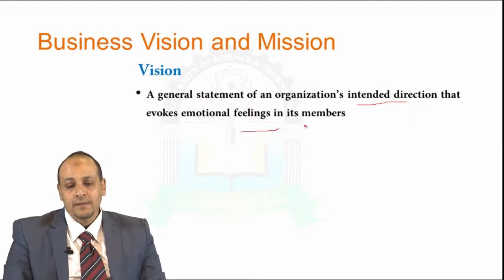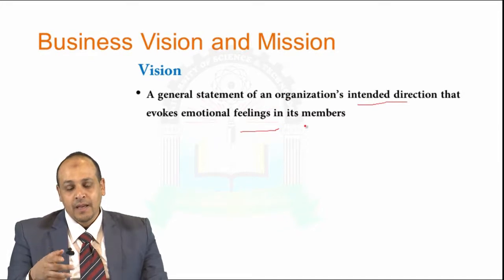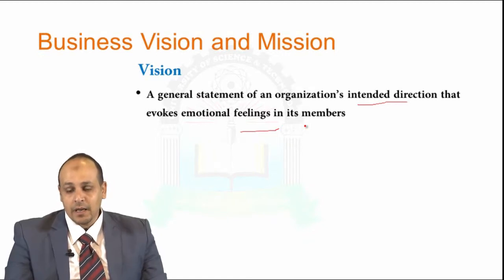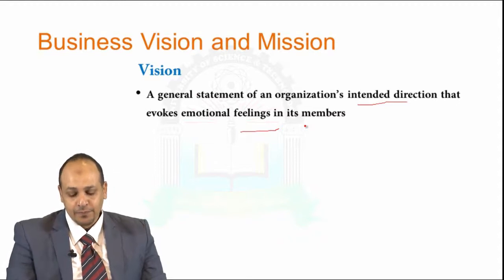In other words, vision is how the company visualizes itself in the future. And this picture of the future provokes good feelings in the employees. It motivates them to work toward such goals.